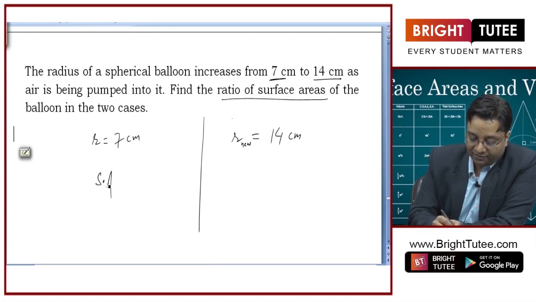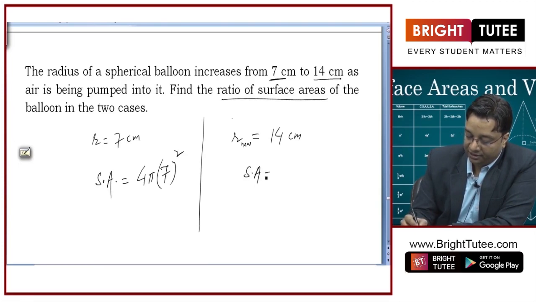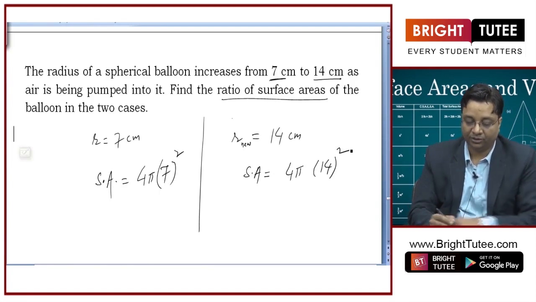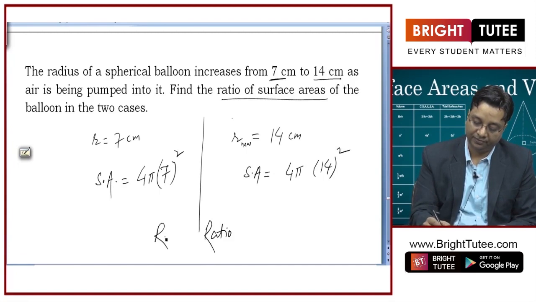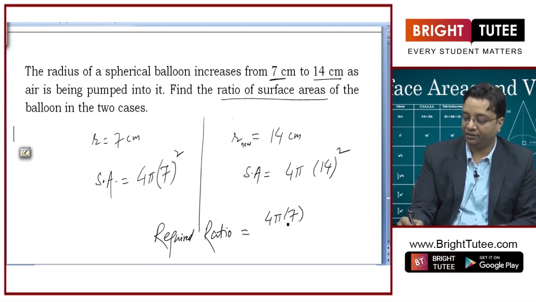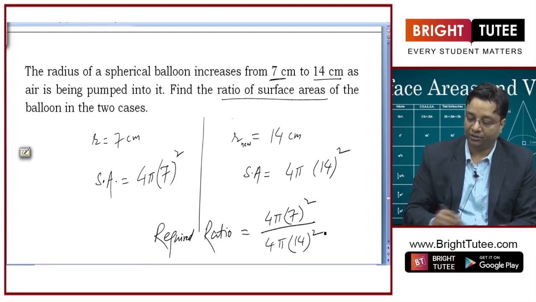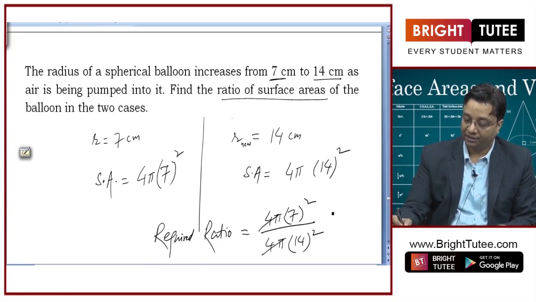So in this case, the surface area will be 4 pi 7 square, and in this case the surface area will be 4 pi 14 square. So the required ratio of areas is 4 pi 7 square to 4 pi 14 square. 4 pi can be cancelled, and this is 7 into 7, this is 14 into 14.